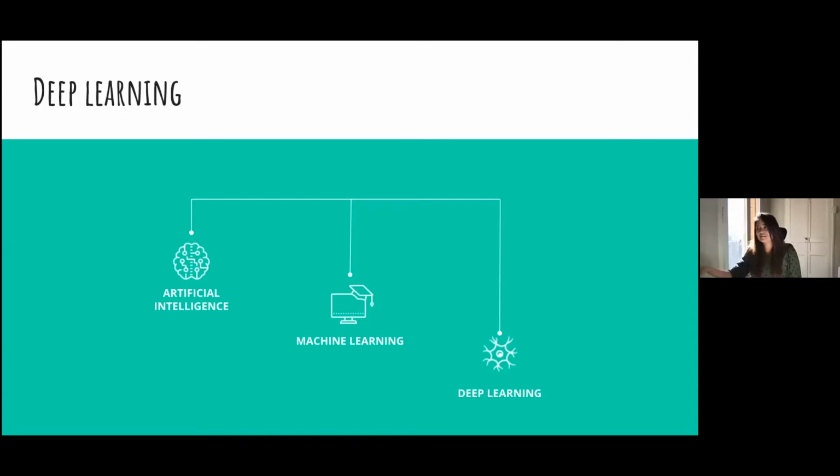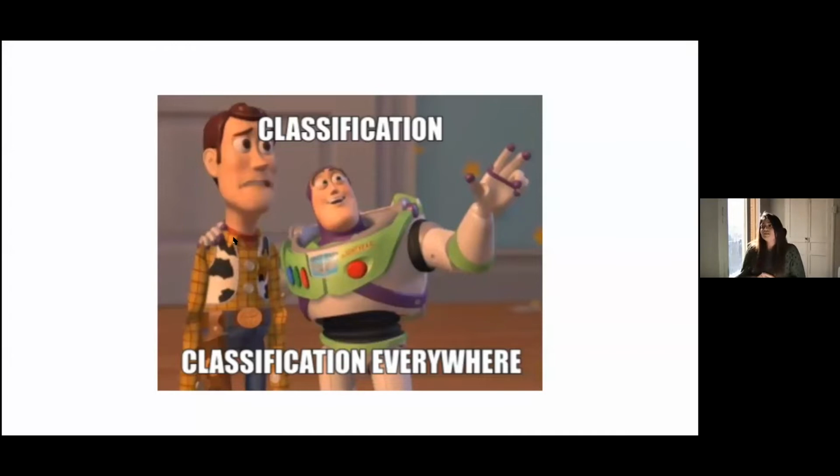Deep learning is a subset of machine learning, which at the same time is a subset of artificial intelligence. Deep learning is based on neural networks that can train themselves to perform any task, and in this case it is facial expression recognition. So at the end, it is classification everywhere.